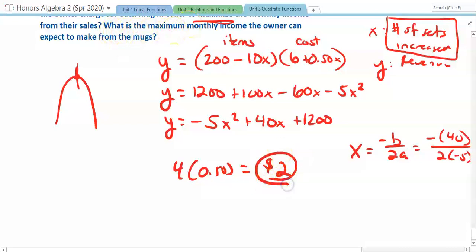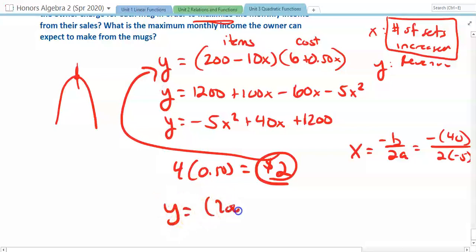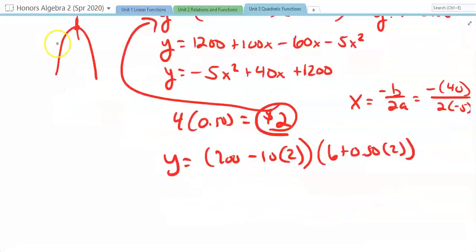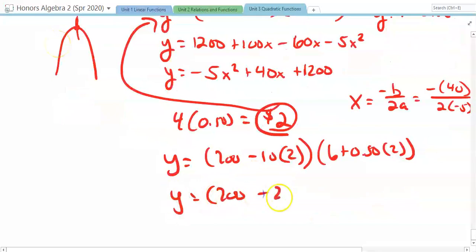And so we're going to take that 2 and plug it back into our function. And so y is equal to 200 minus 10 times the 2, and then 6 plus the 50 cents times the 2. And so we're going to get y is equal to 200 minus 20 times 6 plus 1.